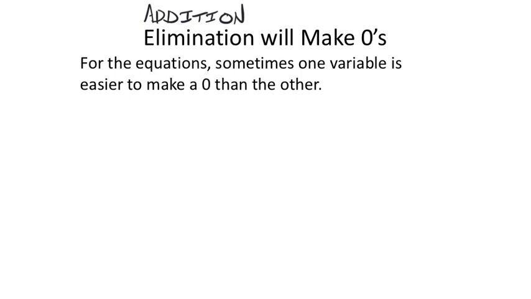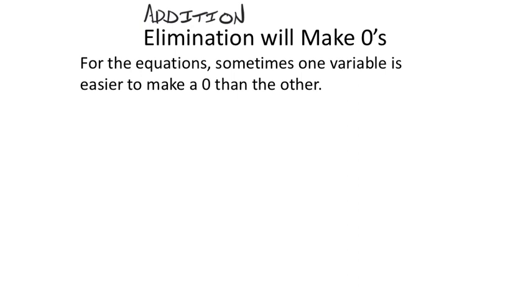Again, the whole purpose here, at least in the beginning, is to make zeros. Because if we can make one of the two variables a zero, then it goes away. We could ignore that garbage. The good news is, since we're only dealing with two variables, if we eliminate one of them or make it a zero, then we have a one variable equation, which we just use principles of equality to solve.